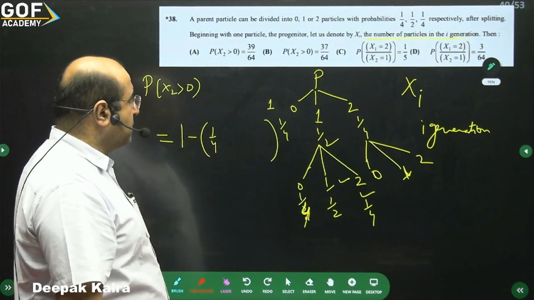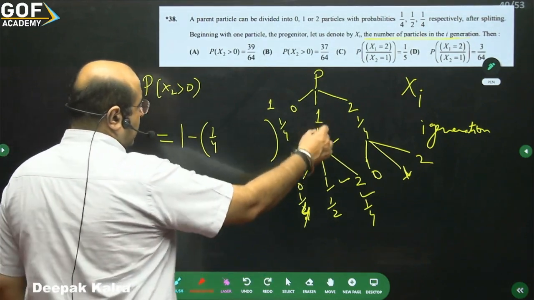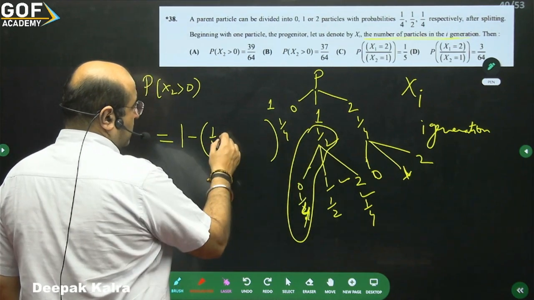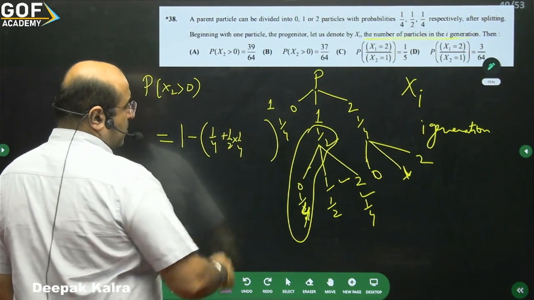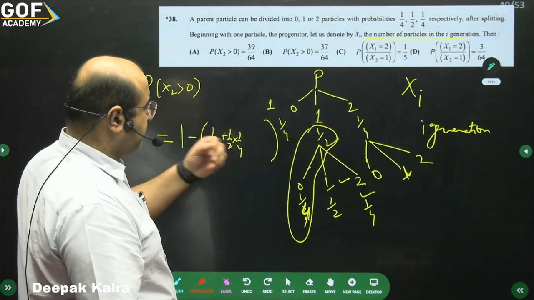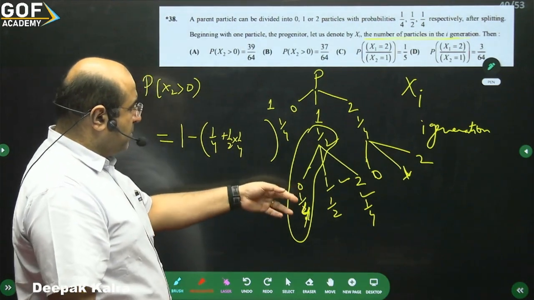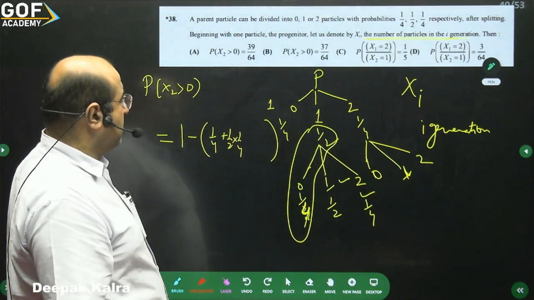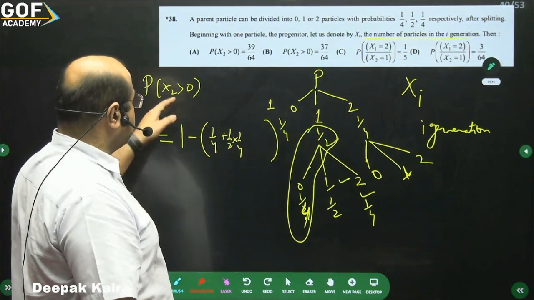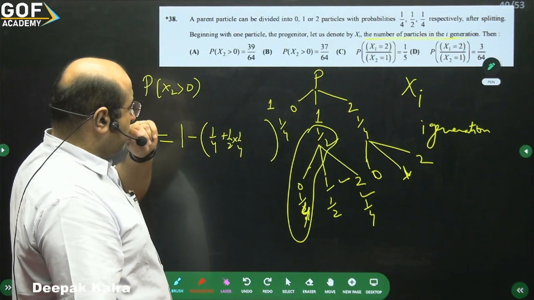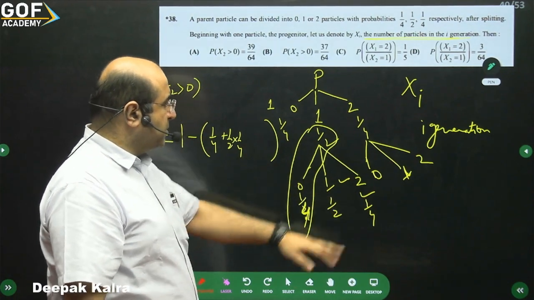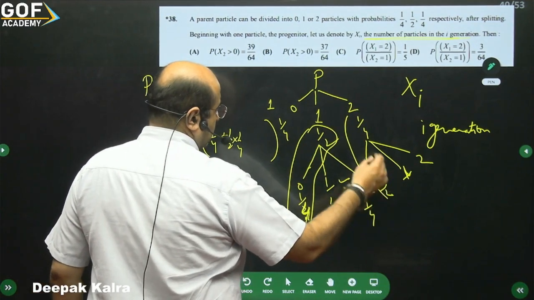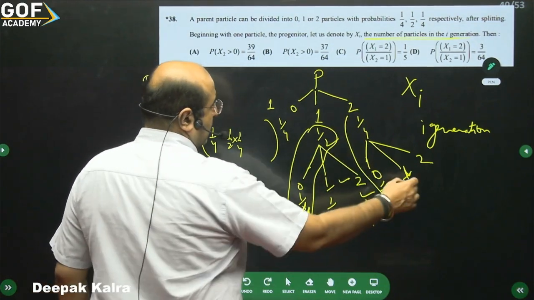We want more than 0. We'll subtract the 0 case. So we have this one also. Then you have the rest, which are going to work. Because in second generation we should have only positive cases. So this one also we should subtract. They will be counted.